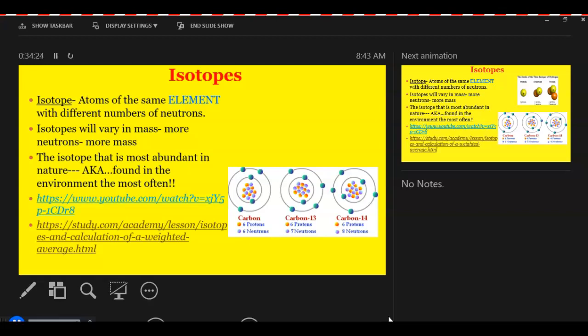The atomic number. 3. So this is another way you're going to see the symbol of an isotope. You'll see the elemental symbol. This number up here is the mass number. This number down here is the atomic number.